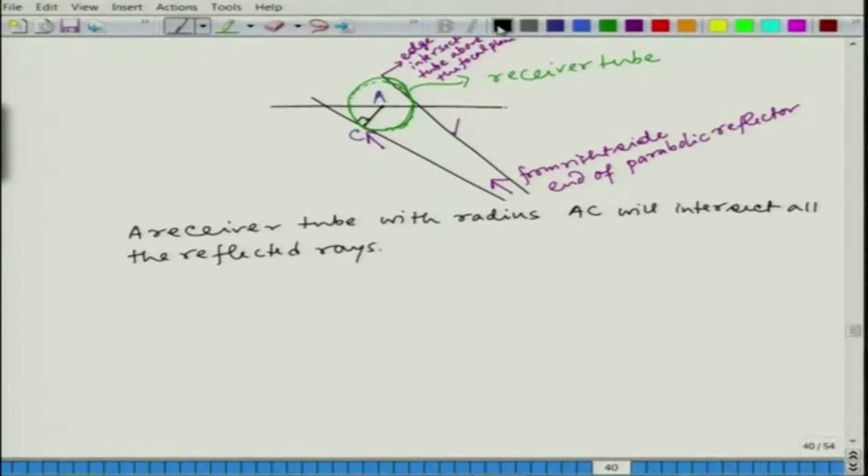So, the minimum radius that you need is AC, and from the other side also, the cone that you will find will intersect this particular receiver tube completely. Okay. Now, the task is, what is AC, that we want to know, right, that will tell us the receiver tube geometry.